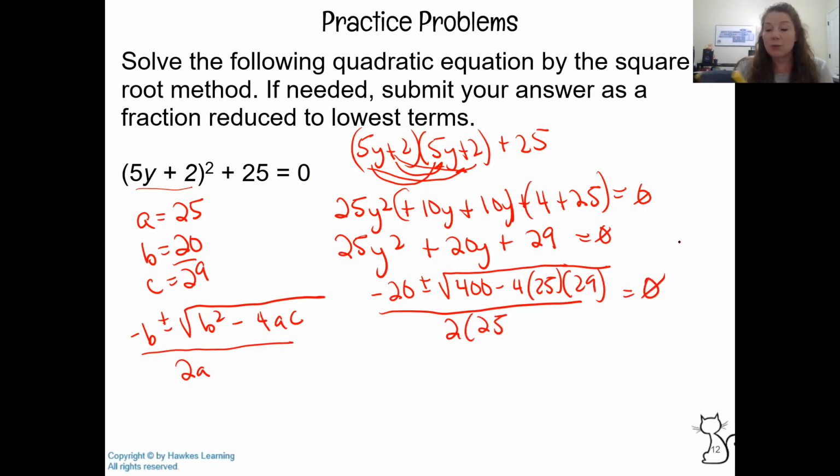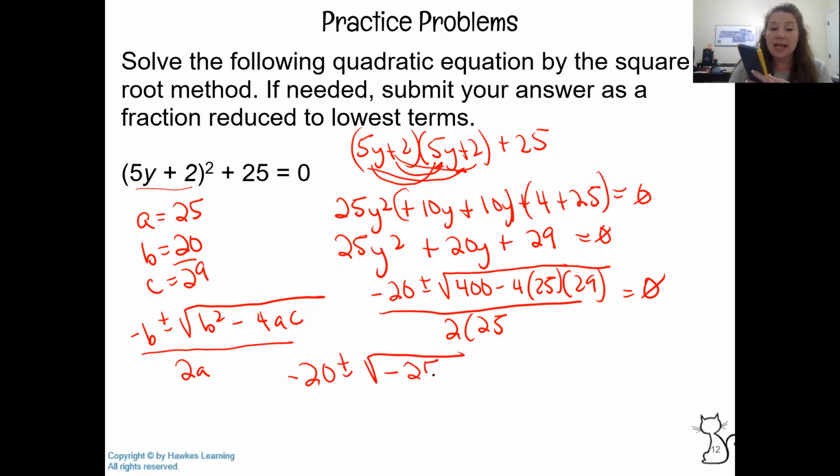All right, I'm going to put what's under the radical first. 400 minus 4 times 25 times 29 is negative. Once again, I have a negative number, 2,500. So what's under the radical is minus 2,500.